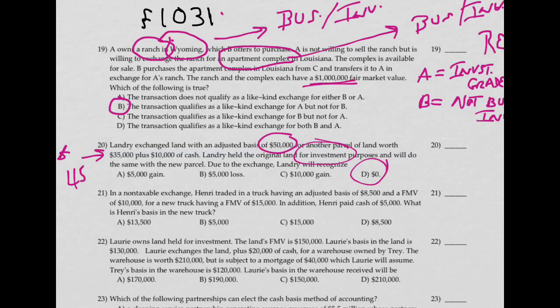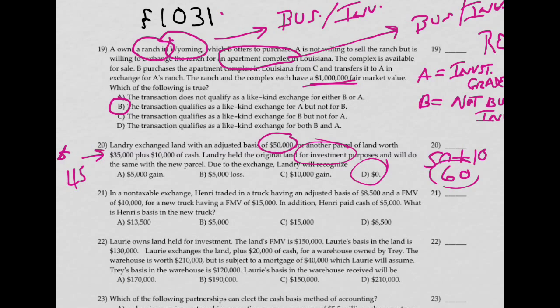Now, the basis in the property that Landry will have in the new property will be a carryover basis of 50 plus 10, and thus he'll have a basis of $60,000. That proves that if he were to sell it for 45, he would then recognize the loss of $15,000, which is what you would expect when he came in with a basis of 50 and he put another 10 down.